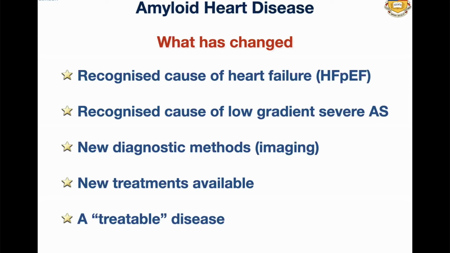So from an untreatable disease in the past 20 years, today the disease is treatable. That makes the need for accurate diagnosis and subclassification of amyloid heart disease even more important.